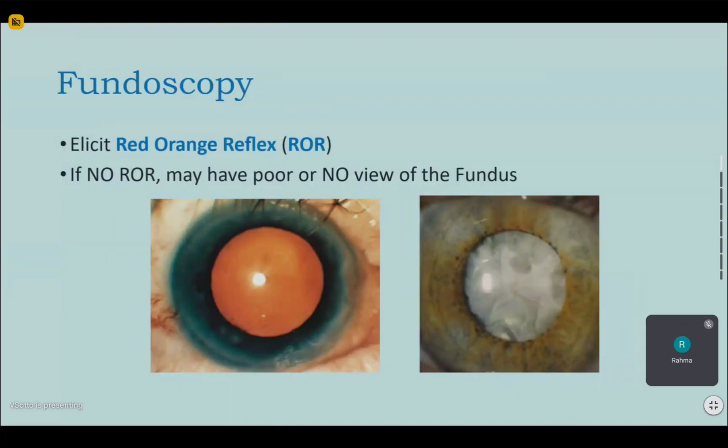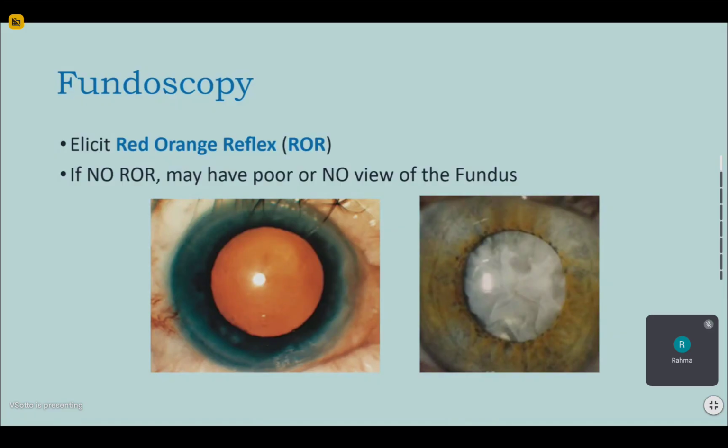So first, we elicit the red-orange reflex. We shine the light of the fundoscope to the patient's dilated pupil. If there's no ROR, like the picture on the left, in presence of very dense lens opacities like mature cataracts, your light won't get through to your retina.